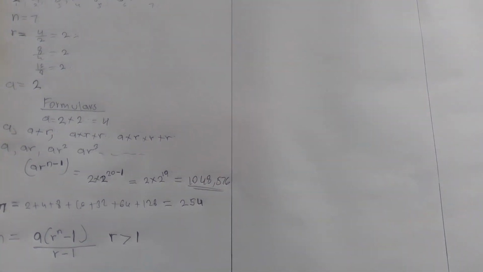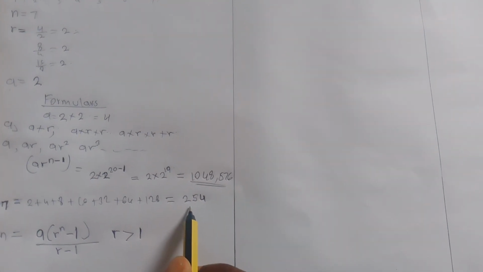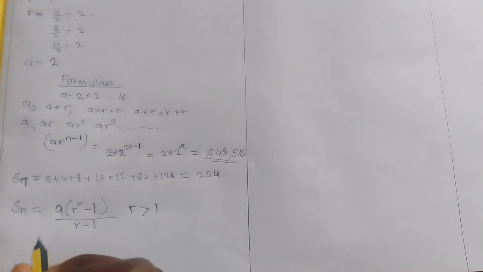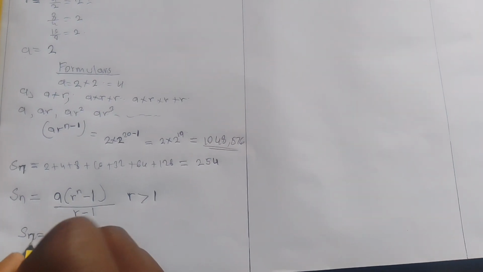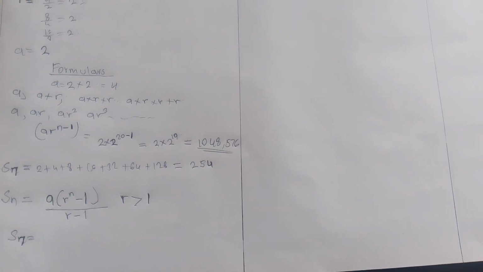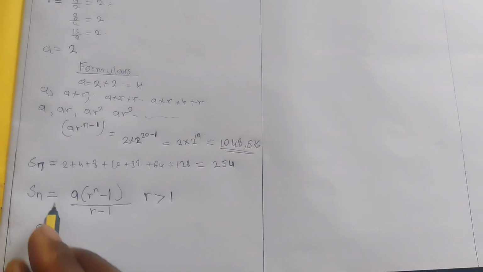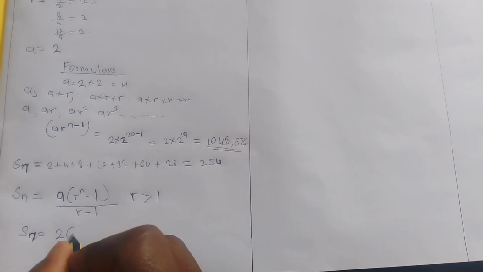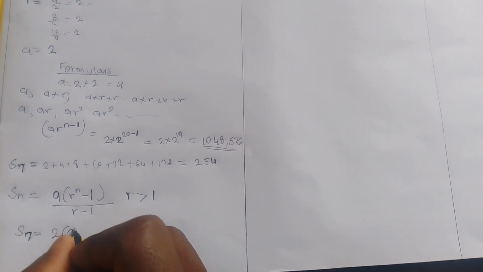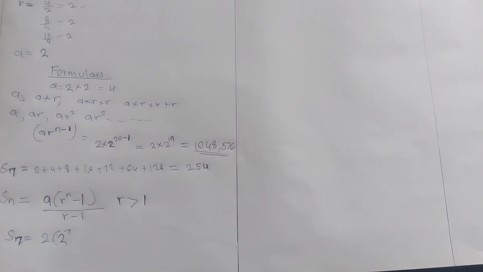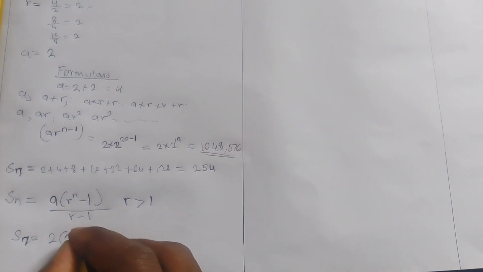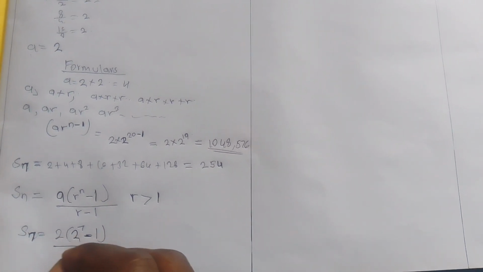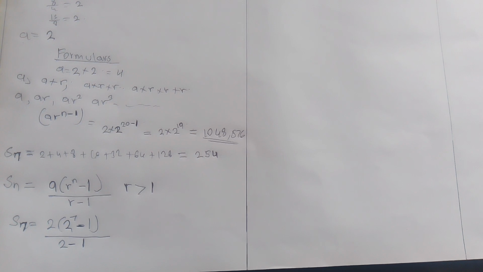So let's see if we shall get the same answer. In the same way, we can just apply the formula and get the sum. Our sum of number of terms, 7 terms, now n becomes 7, is equal to a, our a is 2, into bracket r, our r is 2, raised to power n, our n is 7, minus 1. This one you divide by r, which is 2, minus 1.